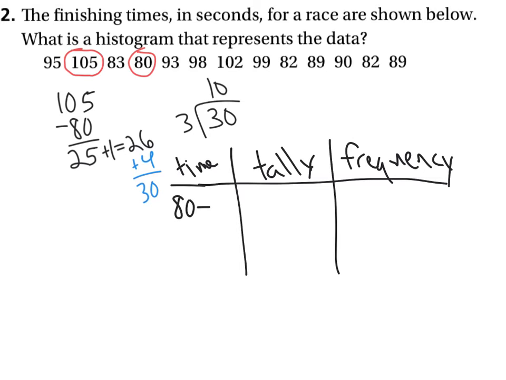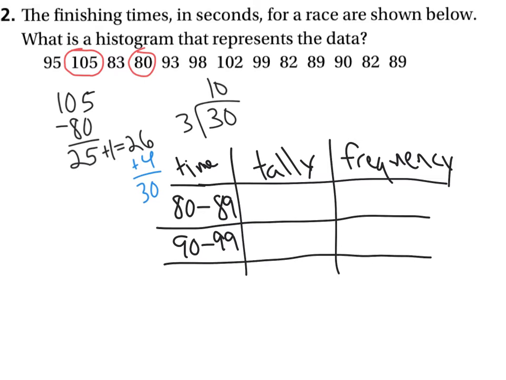If we're going by tens, we got to think about where that's going to end. 89, and then the next one would start at 90 and go to 99, and then we could go 100 to 109.